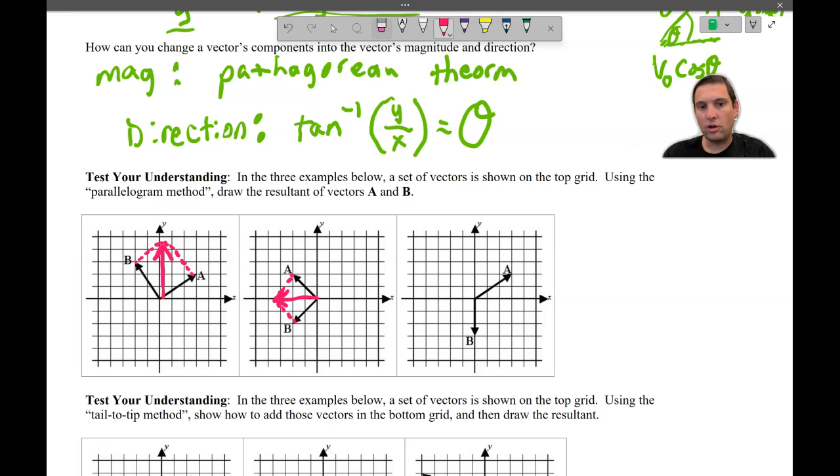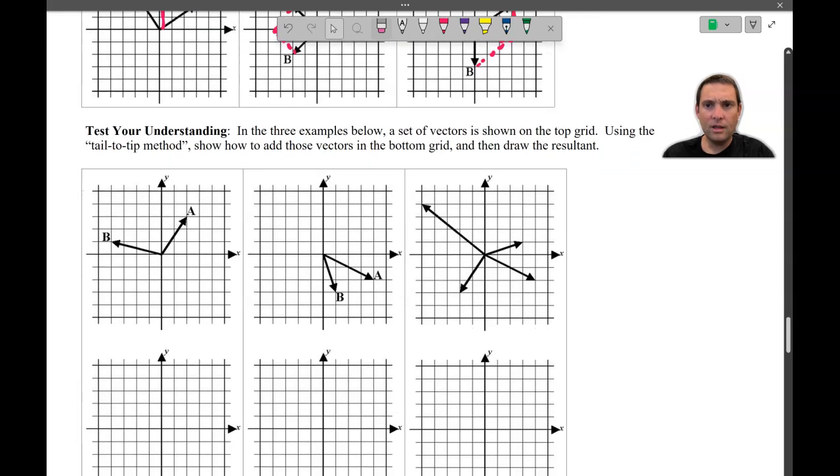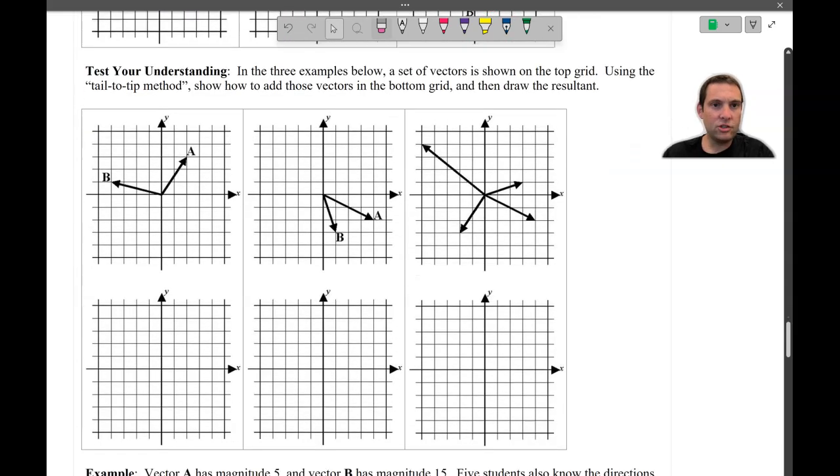Remember, to draw the resultant vector, we're going to start from the same spot. We're just drawing parallelograms, and then where do they meet? That's it.